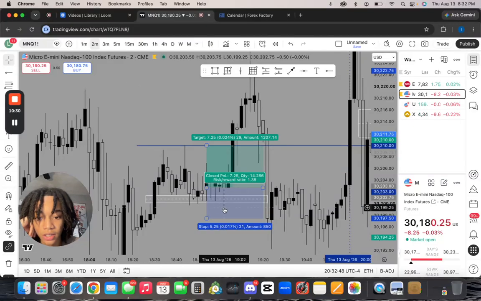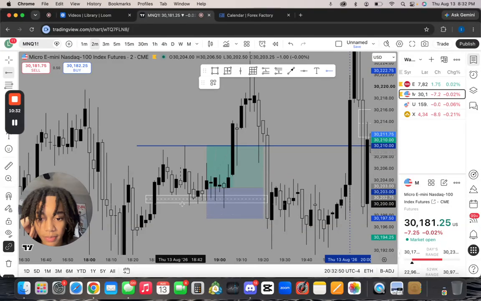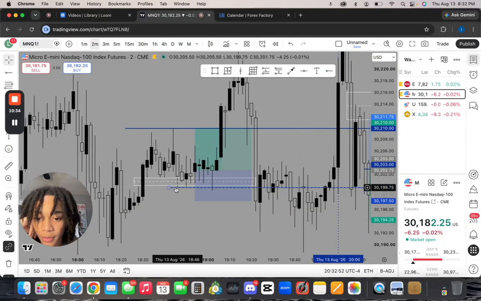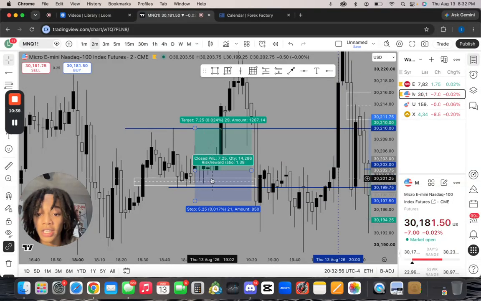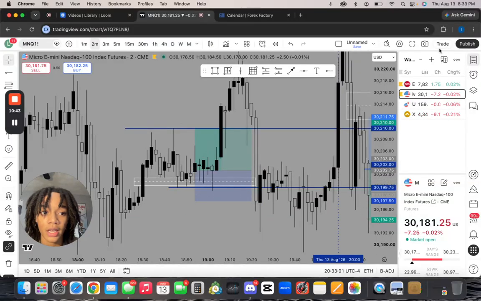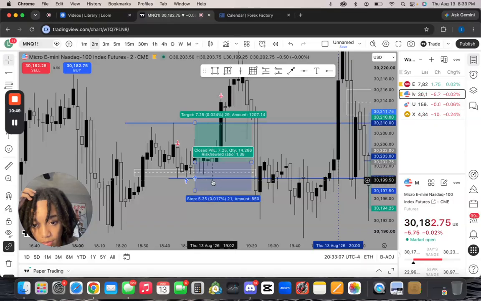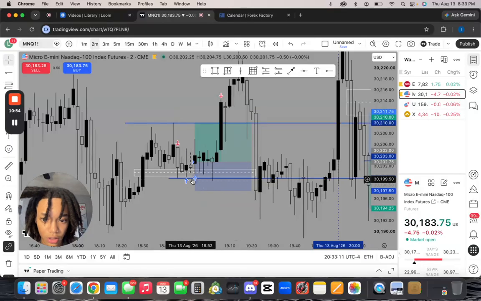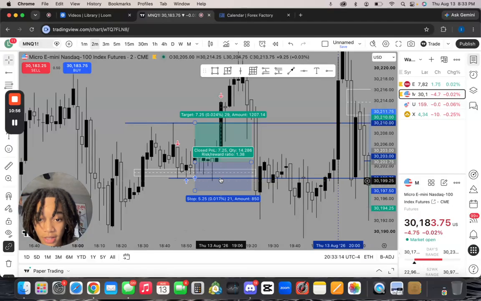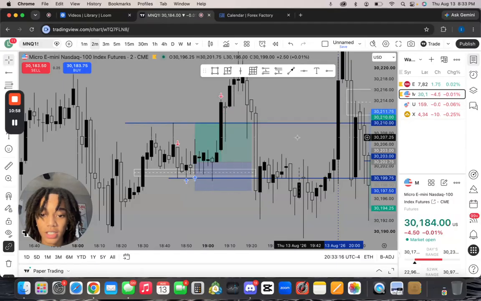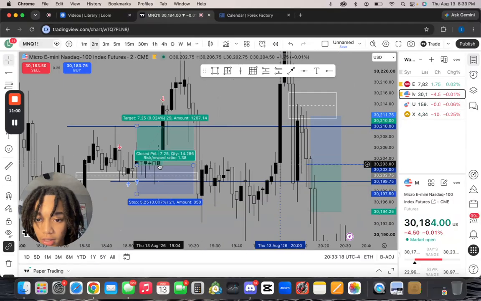And this honestly looked really good after price swept these internal lows. Okay, this is what I'm talking about. After price swept these internal lows inside of this fair value gap, I immediately knew that this was going to play out. I literally saw this get swept, these lows get swept, internal lows, and immediately after this got swept, you see this candle right here.